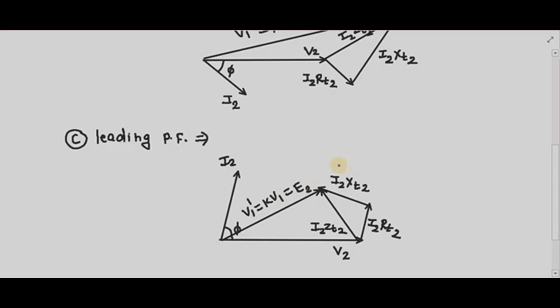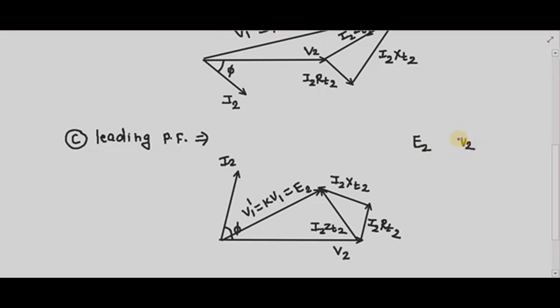Okay, so the numerical difference between the values of your secondary terminal voltage on no load, what is the secondary terminal voltage on no load? It is E2, right? And with full load, what is the value of the terminal voltage? V2.